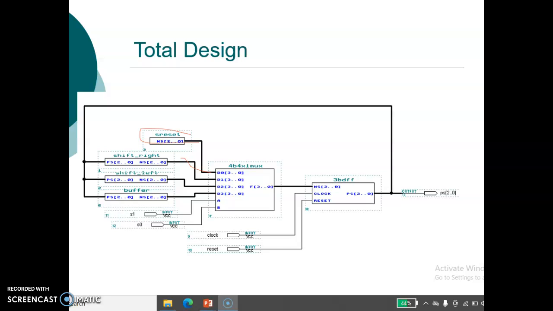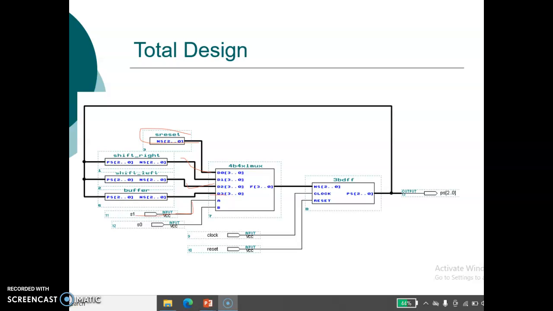First shift left, shift right, shift left buffer. So here in shift left, PS 0 to 2, NS 0 to 2, vector buffer PS 0 to 2, NS 0 to 2.